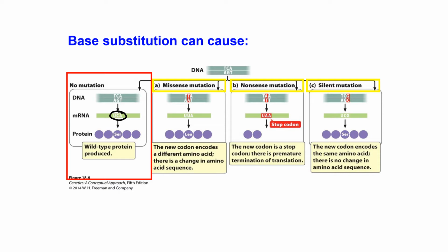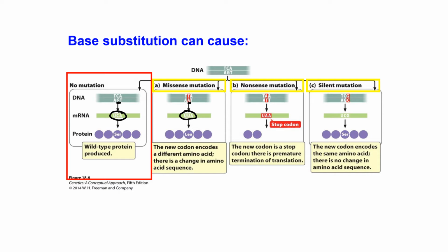If there is a missense mutation, basically what happens is G in the template is mutated into A, and it changed the coding sequence from UCA to UUA, and now instead of serine, leucine is incorporated. So basically base substitution caused a missense mutation, a change in amino acid.